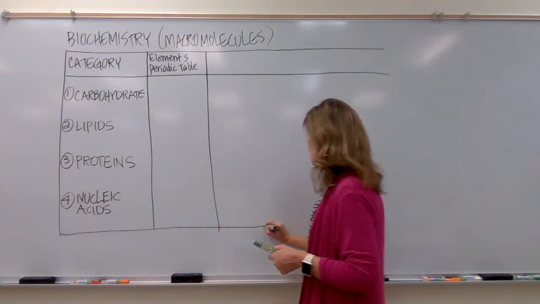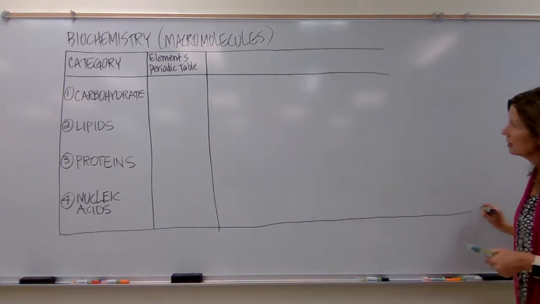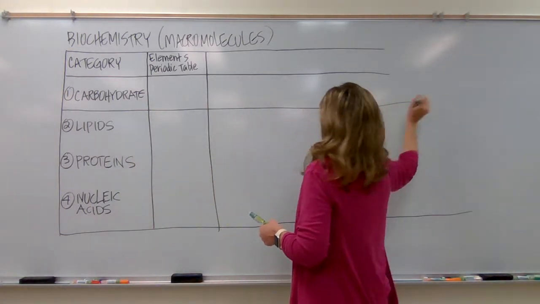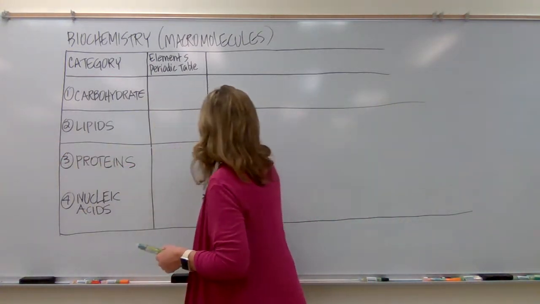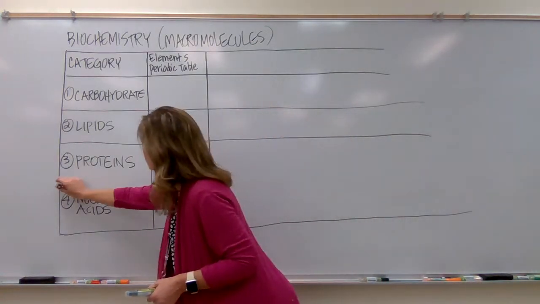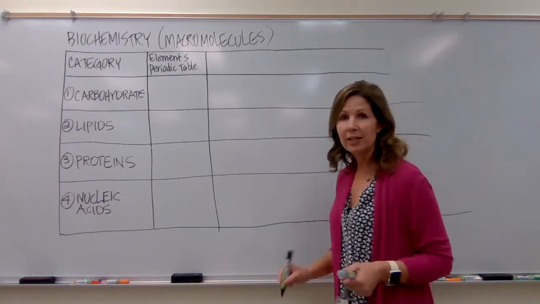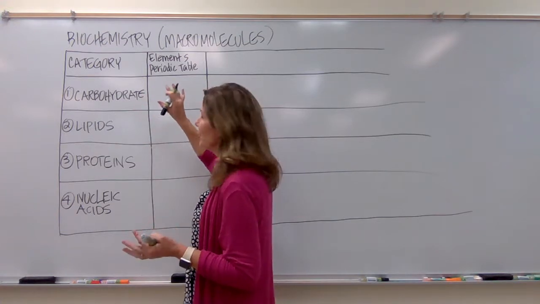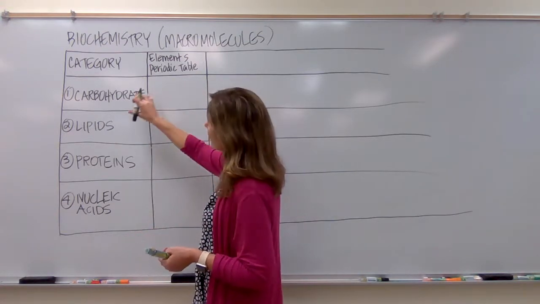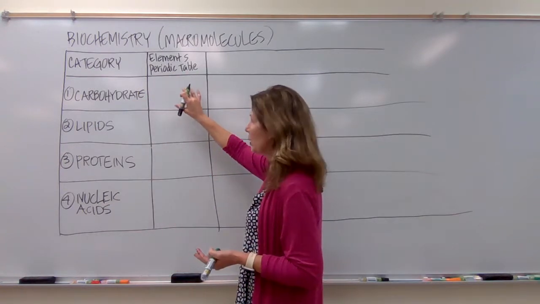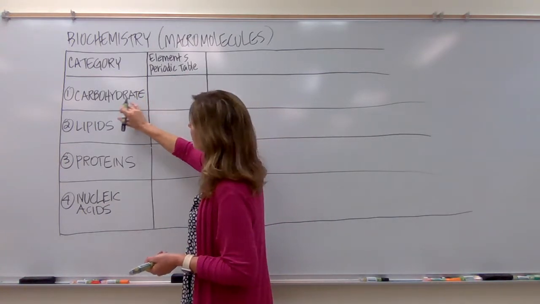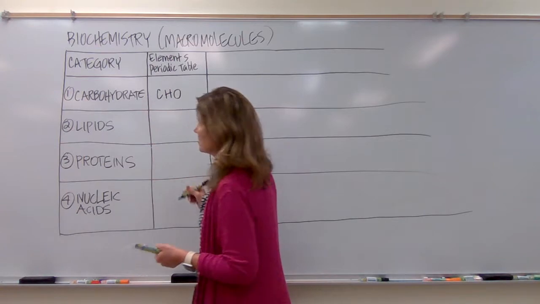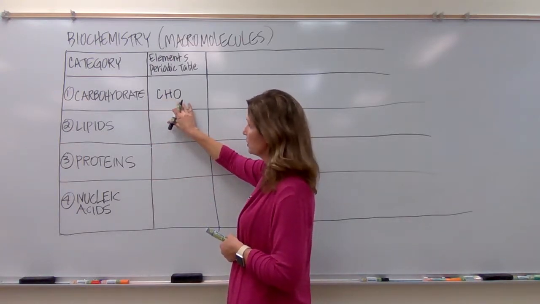All right, so my chart is going to get large, and we're going to fill it out depending on the clue of whatever category we're looking at. So carbohydrate, that actually is a great way to remember what the elements in this molecule are. Carbo, carbon, hydrate, H2O. So this is a molecule that is going to be composed of carbon, hydrogen, and oxygen.